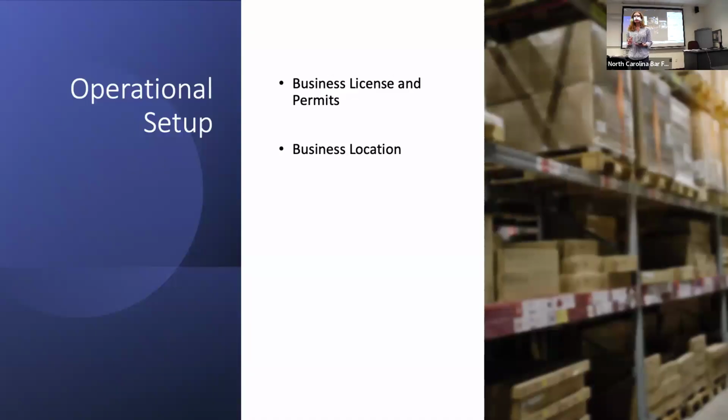The next thing I wanted to talk about with you is the operational setup, right? People don't always think about all the business licenses and permits that they're going to need. City, county, and other state regulations all might apply to your business. You might need to get a local permit to have a brewery in a certain area of the county, or to be able to do certain types of distilling or food processing.